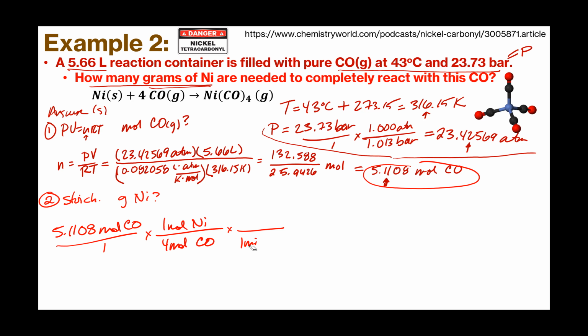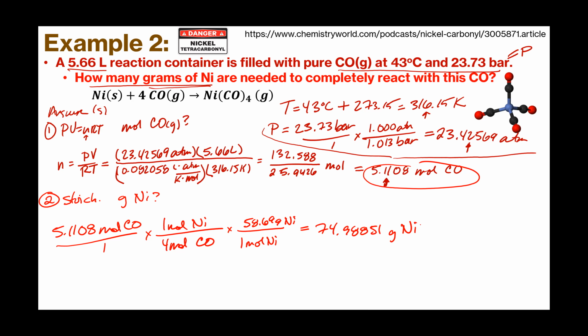Can't say 2 different things at the same time. We'll look up the molar mass of nickel, and that should be 58.69 grams of nickel. Okay. Then we'll multiply and divide these things, and we'll get 74.98851. That's grams of nickel.